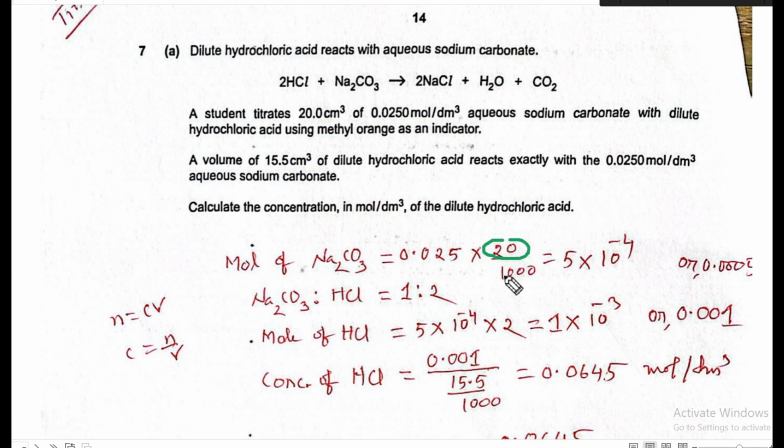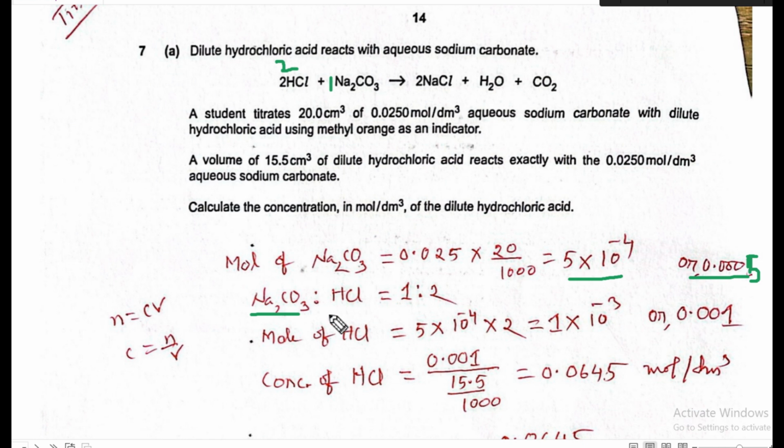20 centimeter cube divided by 1000, it has been converted to dm cube. This is 5 times 10 to the minus 4, or you can write 0.0005 mole. And sodium carbonate 1 mole, hydrochloric acid 2 mole.